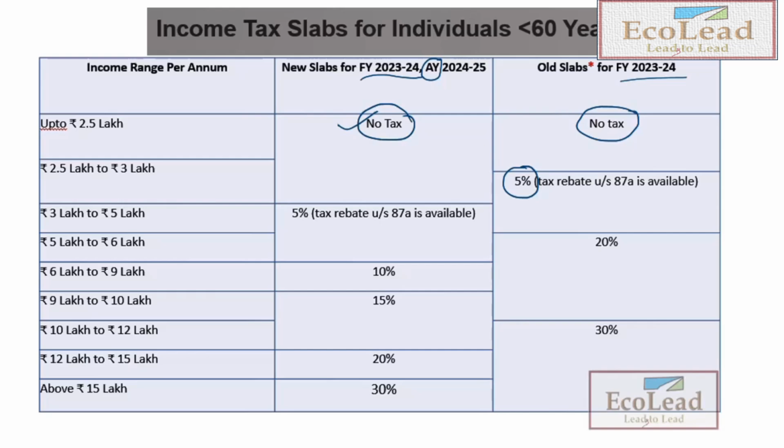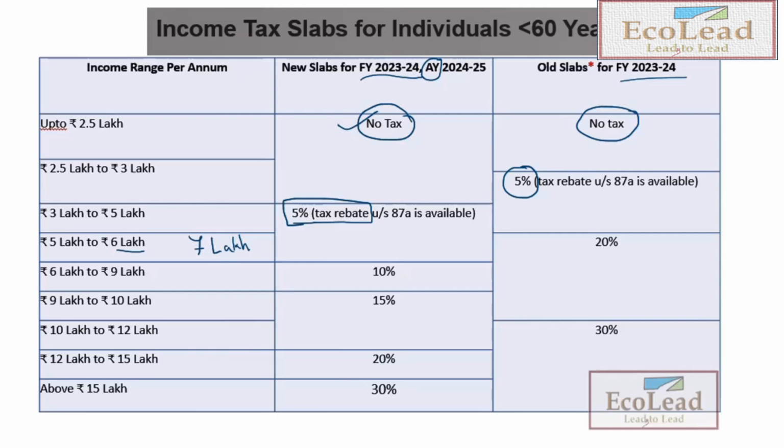Here, if we consider the new tax slab, the tax rebate was up to 6 lakh, and in fact it has been increased in the last budget up to 7 lakh. So up to 7 lakh the taxable amount will be returned as a rebate.